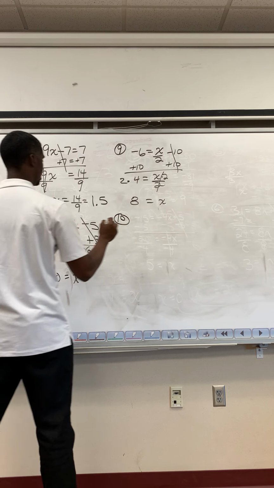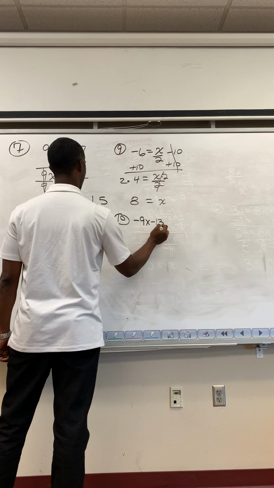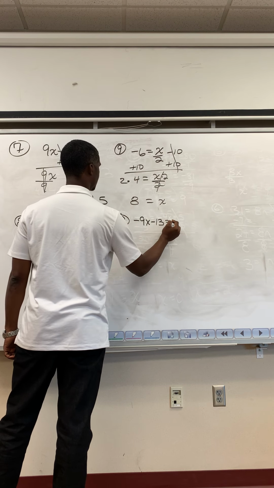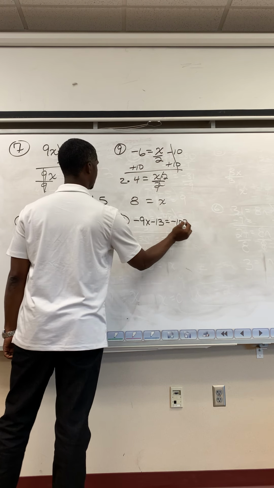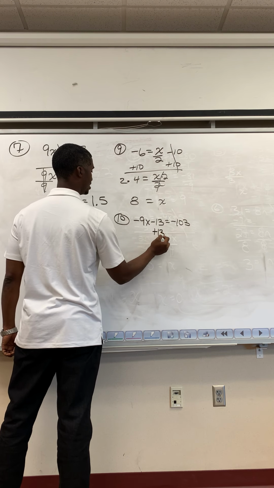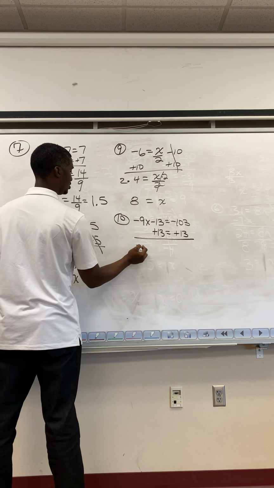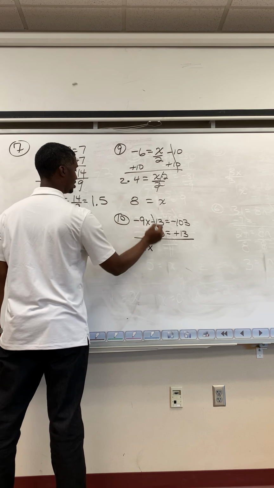Number 10 is -9x minus 13 equals -103. I'm going to add 13 on both sides. That's going to leave me with -9x. That becomes 0.